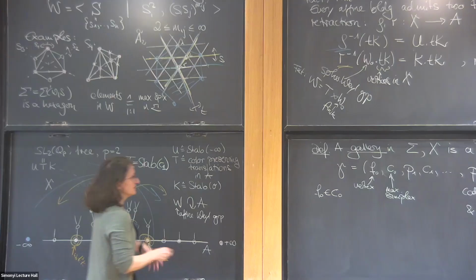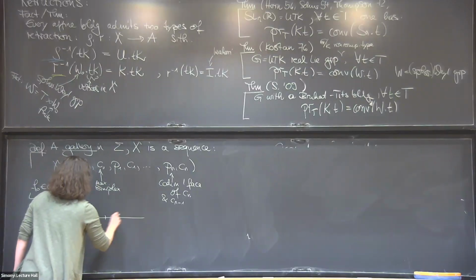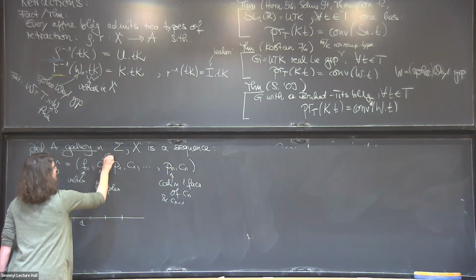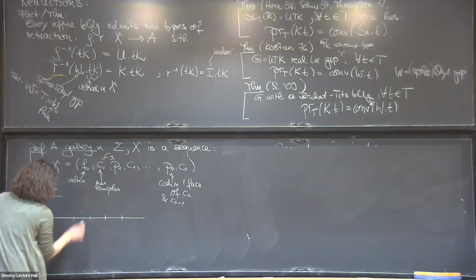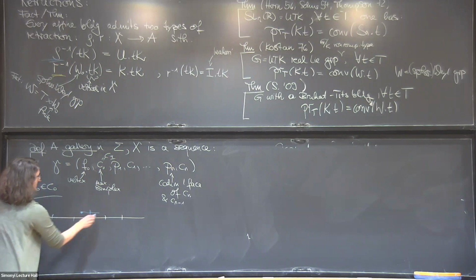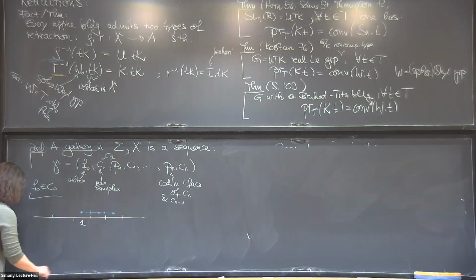So in this picture, we start at the identity simplex. Then a gallery would be, say, this identity simplex, then this codimension 1 face, the next simplex, then this face, and then this simplex.